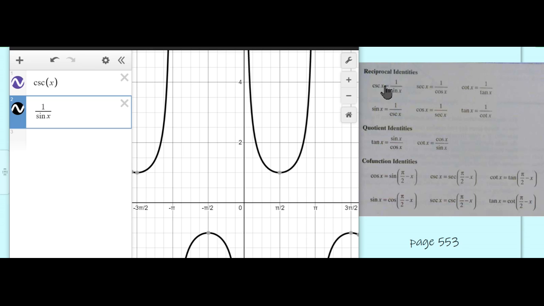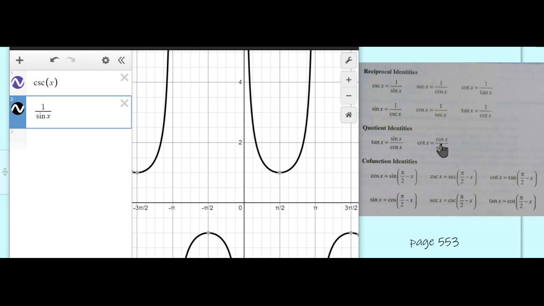We talked about how sine is opposite over hypotenuse, and so cosecant is hypotenuse over opposite. And these 6 identities, these equivalencies, are things that you'll need to use in order to simplify the algebraic trig functions that we're going to do today.